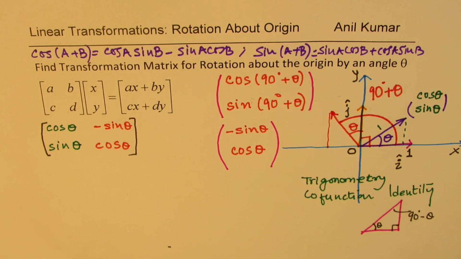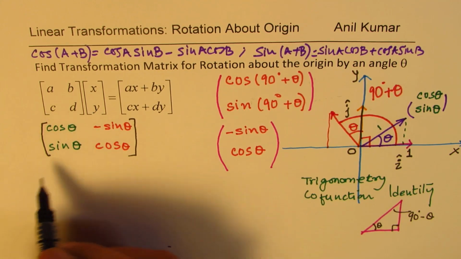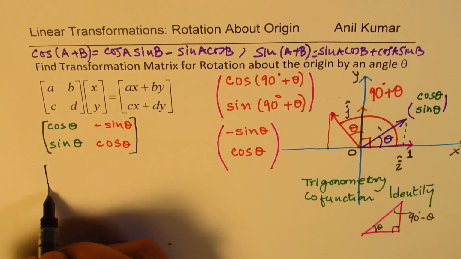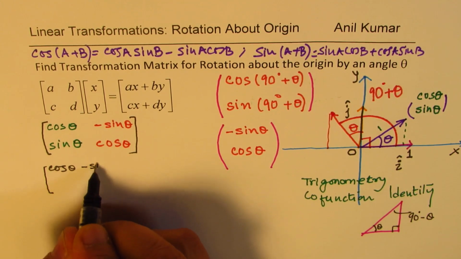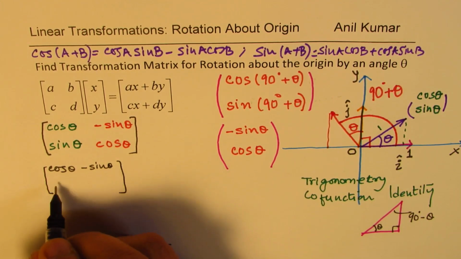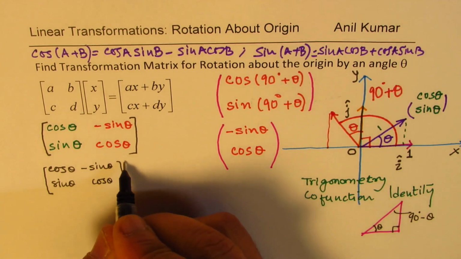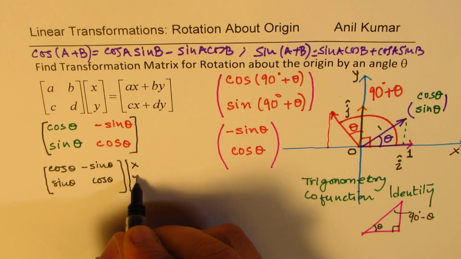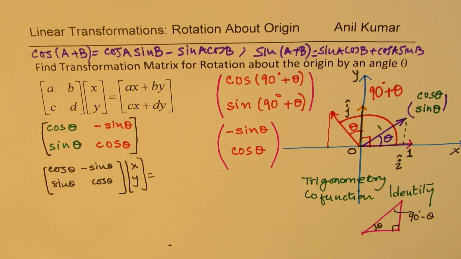Perfect. Now let's see what happens if I perform this operation of the newly found transformation matrix, which is cos theta, minus sine theta, sine theta, cos theta, on any general value x and y, correct? So we took a point here, but we could have taken any point x, y.